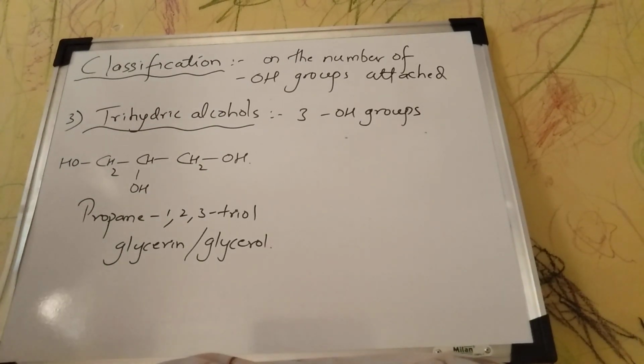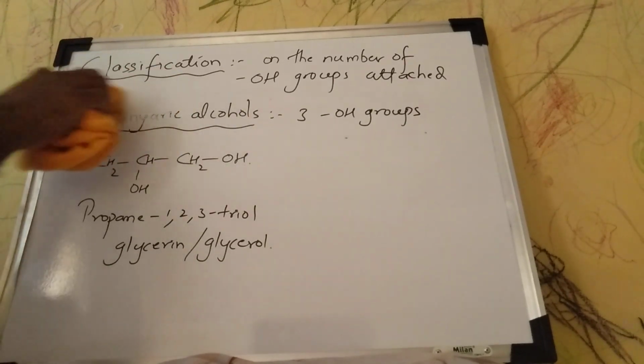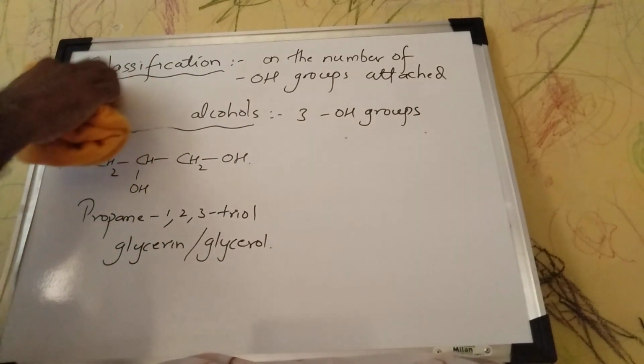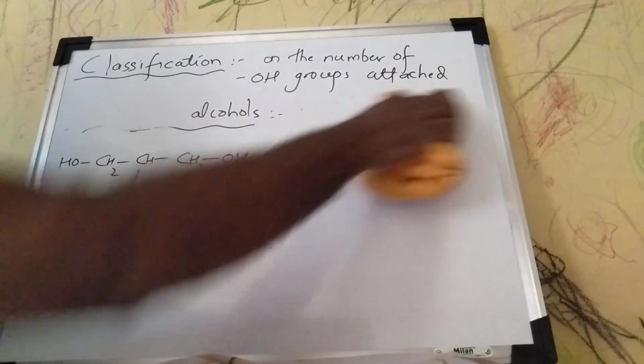The next classification is where it contains more than 3 OH groups.